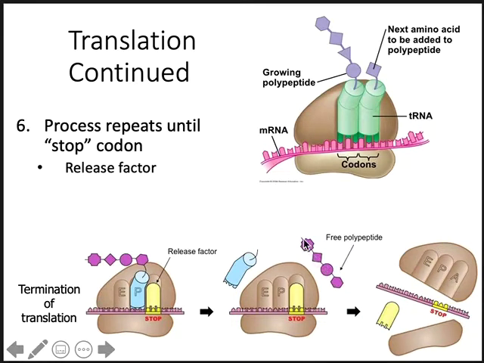This free polypeptide, like I said, will be lots and lots of amino acids in a long chain, will then go through several steps to become folded into an actual protein, and that protein might stay inside the cell and carry out function within the cell, or it might be released outside of the cell to carry out function somewhere else. Okay?